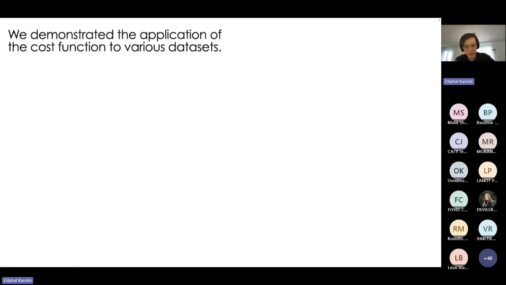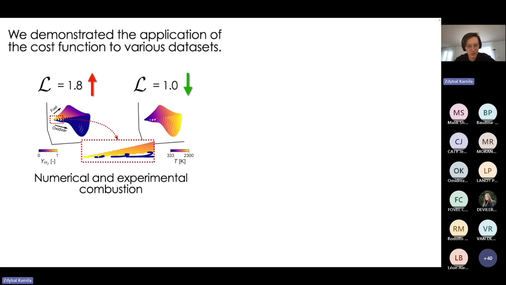And in the original publication, we demonstrated a couple of applications of this metric to different data sets. So for example, a combustion data set, this is the area where me and Professor Parenta work on, so numerical and experimental combustion.